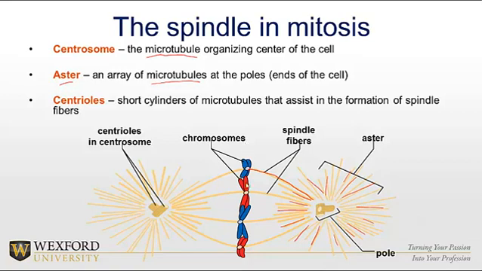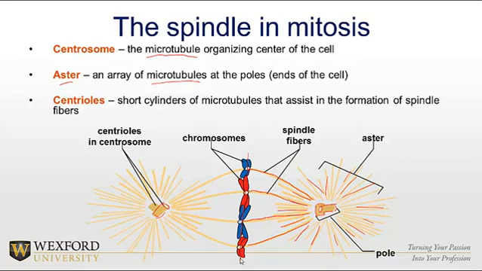All right? And within that centrosome, that microtubule organizing center, we have these things called centrioles, which are cylinder-like structures. You can see they arrange at right angles to each other. And this is what's actually going to assist in forming these spindle fibers that are going to go out, these proteins that are going to line up the DNA smack dab in the middle of the cell, getting it ready for replication.